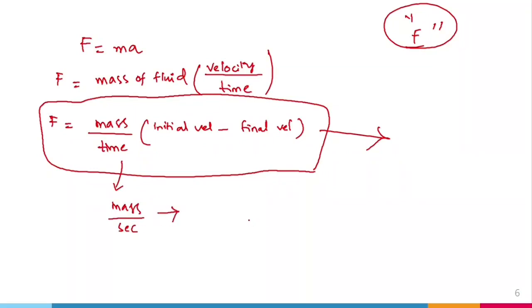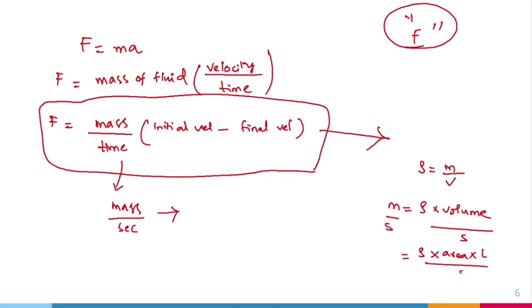For mass per second, you have one standard formula which I always tell you to remember. I'll repeat it one final time. Density is mass by volume. So mass is density into volume. Dividing by seconds on both sides, mass by second is equal to rho into volume by second, which can be written as area into length by second. Length by second is called velocity. So rho AV. This is one important formula.